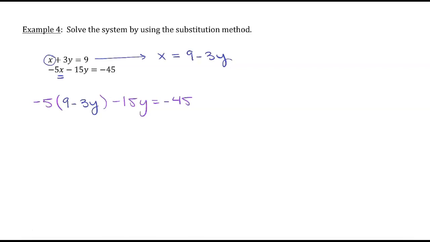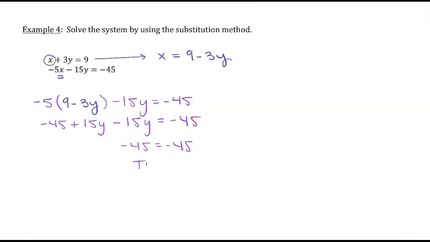Distributing the negative 5 into the terms in the parentheses, we have negative 5 times 9, or negative 45. Negative 5 times negative 3y is a positive 15y. We have a positive 15y and a negative 15y that simplify to become 0. This leaves us with negative 45 equals negative 45.